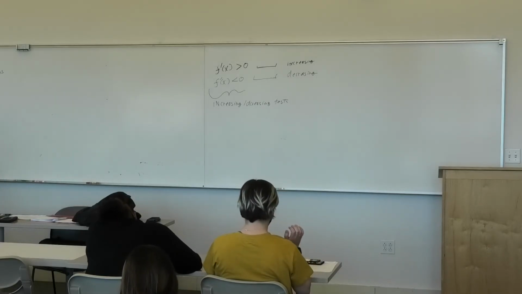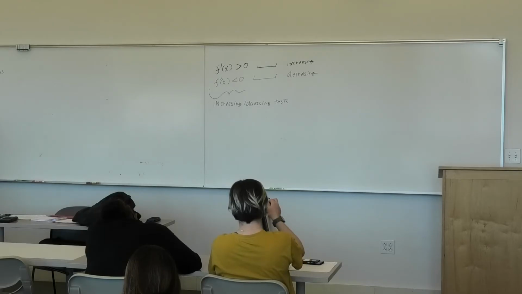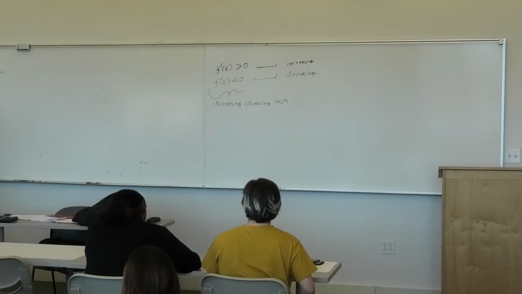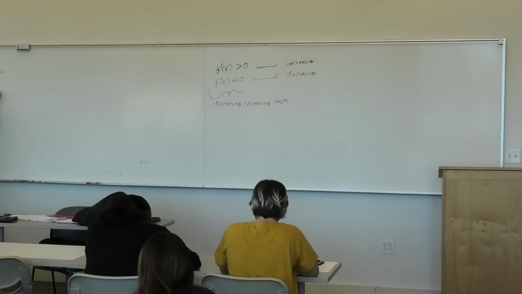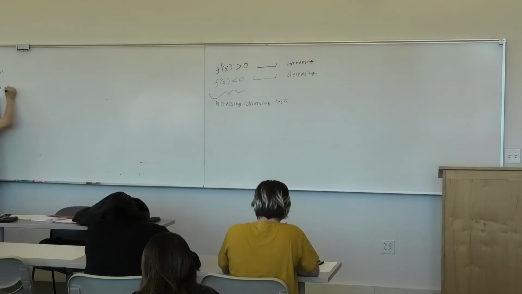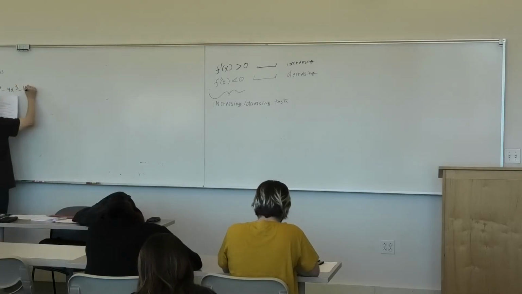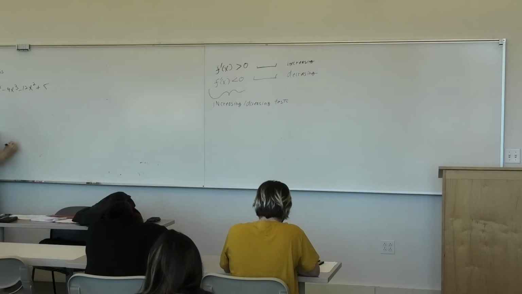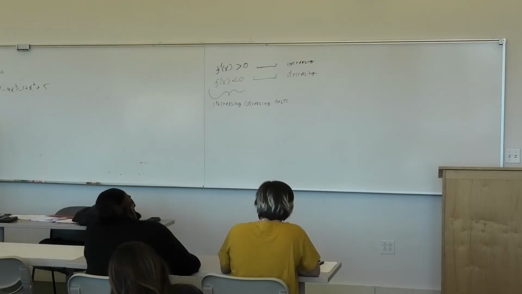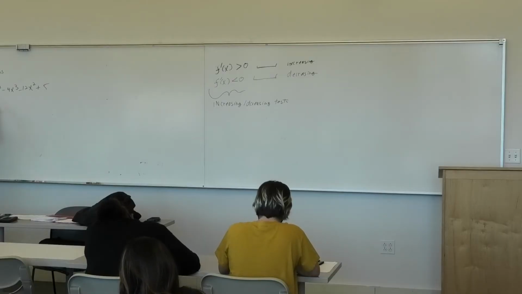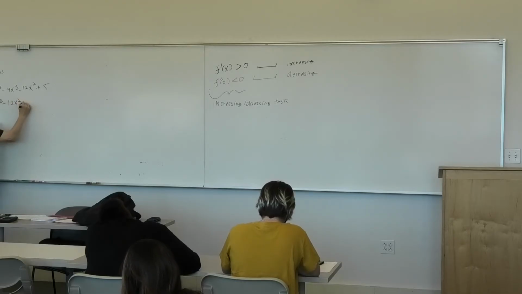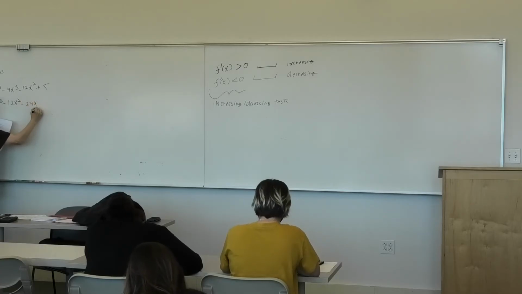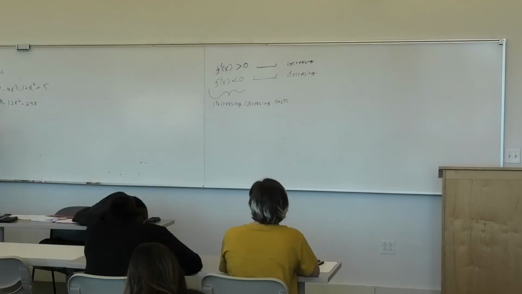So I'm going to pick a suspiciously manipulative function here. So polynomial 3x to the 4th minus 4x cubed minus 12x squared plus 5. And we find its derivative. So we get 12x cubed minus 12x squared minus 24x, which has a factor of 12x.